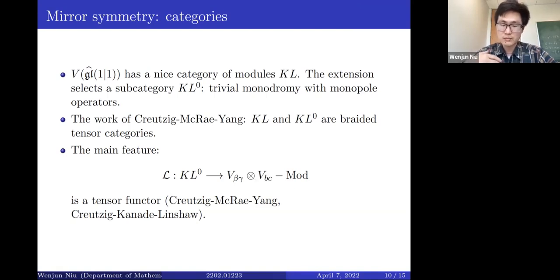So we can consider modules of this algebra object. It's described in the work of Creutzig, McRae, and Yang. Great. Is there any question about this?